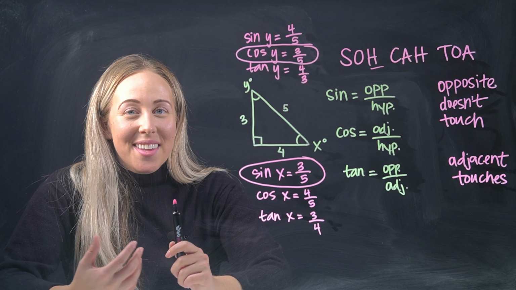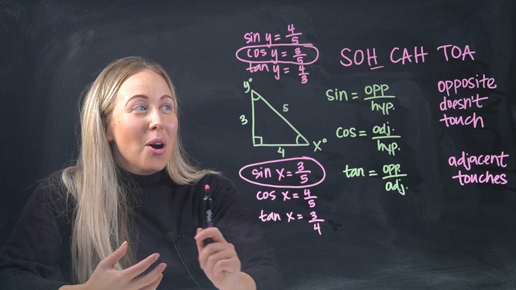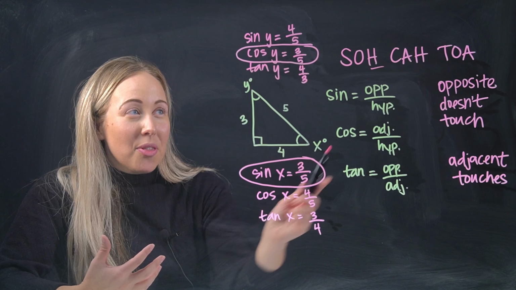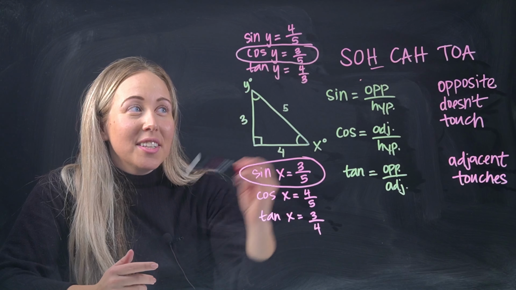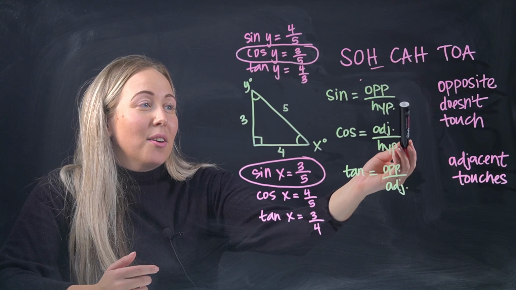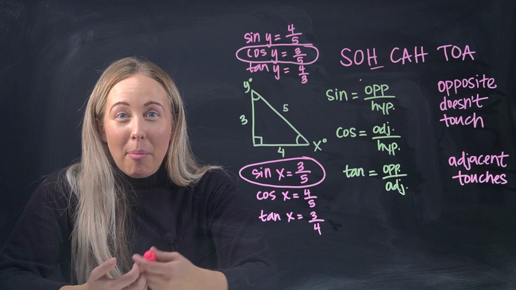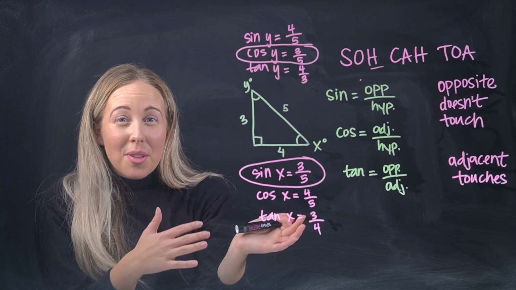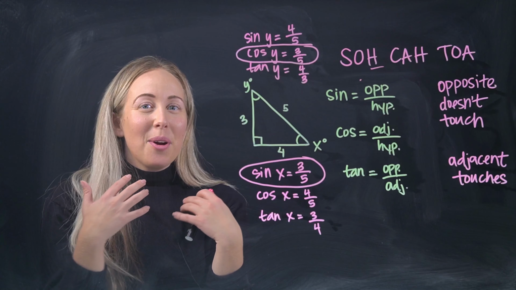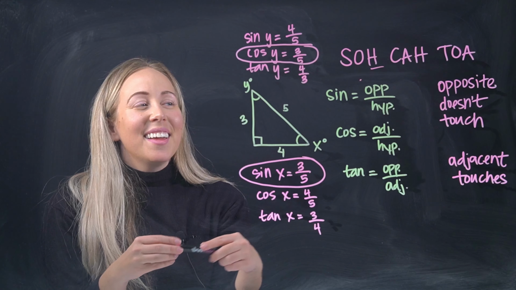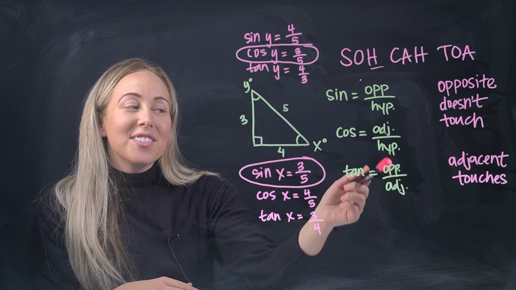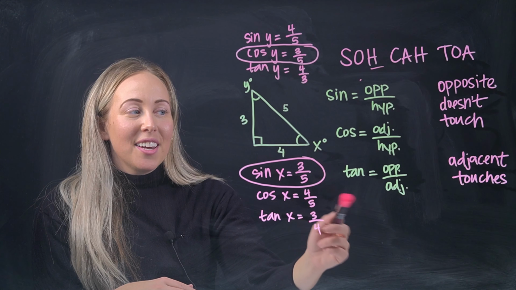So if you know you're not working with the hypotenuse, then you're not dealing with sine or cosine, because sine and cosine both deal with the hypotenuse. If it's just opposite and adjacent sides, we're dealing with tangent.